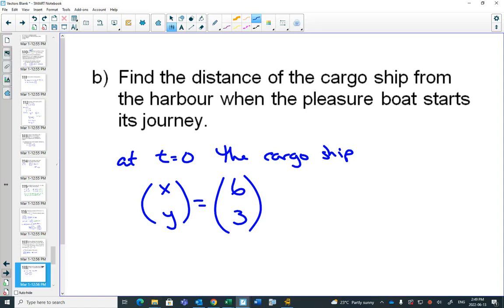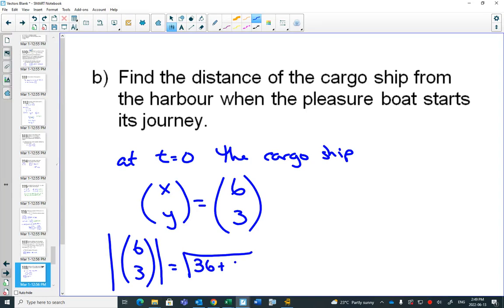Again, you're just finding the distance from (0, 0) to (6, 3), which would be the length of that vector. Square root of 45. That's how many kilometers it is away from the harbor.